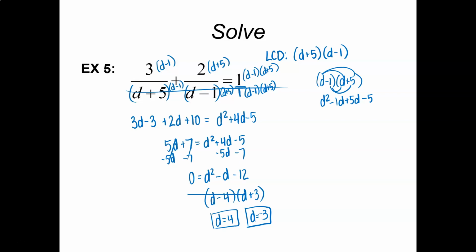And this one already has it, so it doesn't get that. It gets D plus 5. It's only this one that gets both.